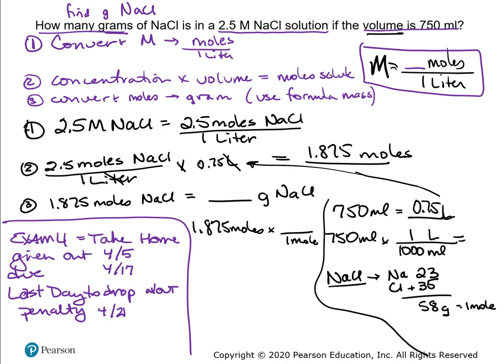So in this, 1 mole, 58 grams on top. So that 1.875 times 58 comes out with 108.75 grams of sodium chloride.